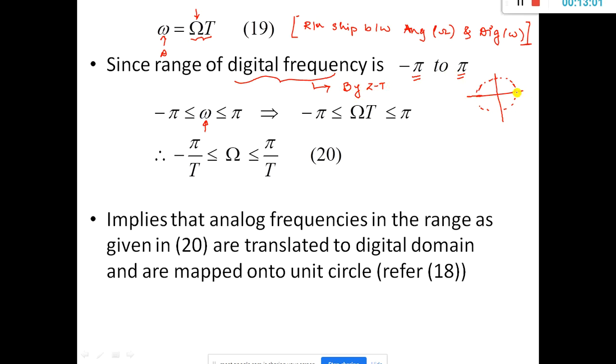So this should be from minus pi to pi, which is nothing but one complete cycle, as I call it. So from minus pi to plus pi, similarly it lies for the next half of the cycle. So now what we do is this.